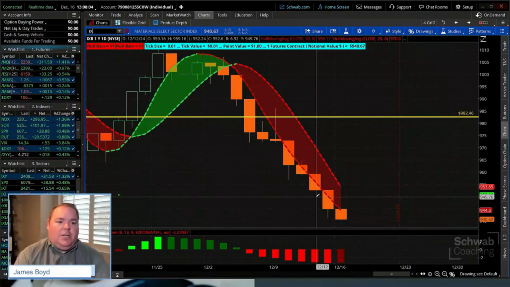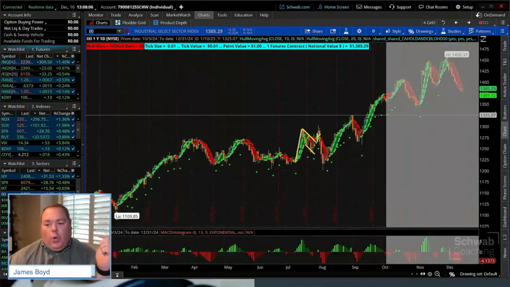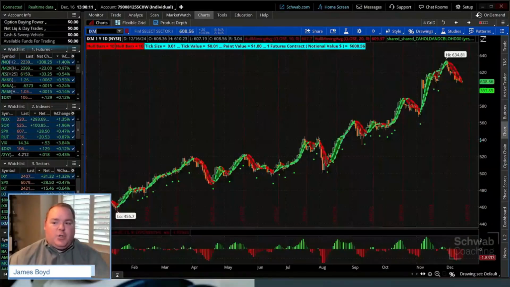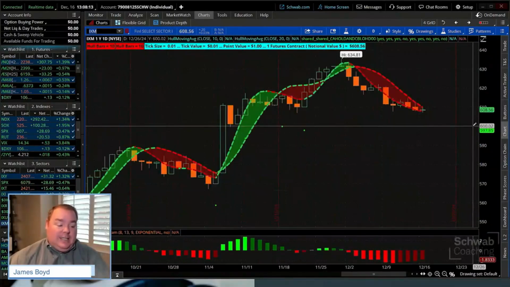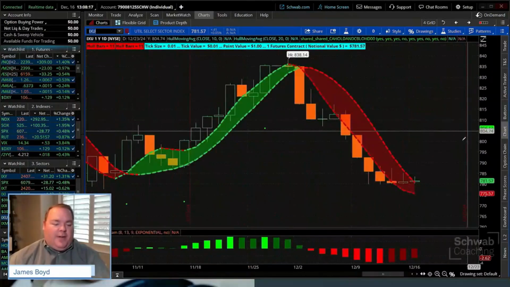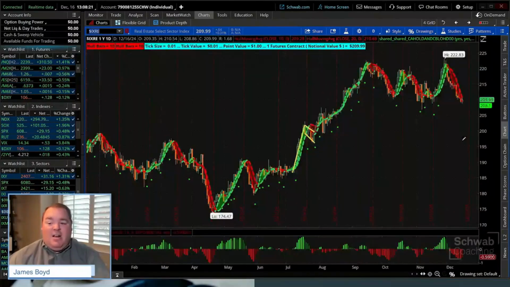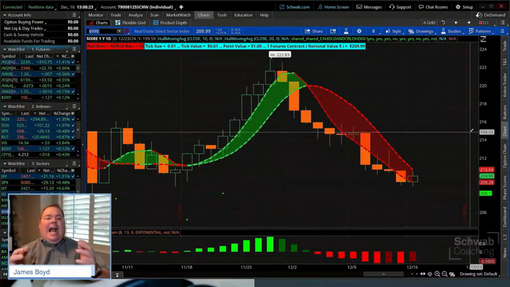Now that's not all. You look at industrials, it's gone one way to the downside as well. You take a look at financials, which are a little under pressure. You can see that. We also look at utilities, one-way traffic to the downside. And you look at real estate, also one-way traffic to the downside. How could the market be so different?